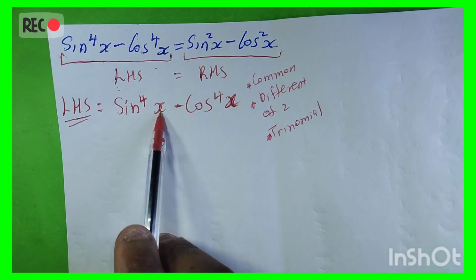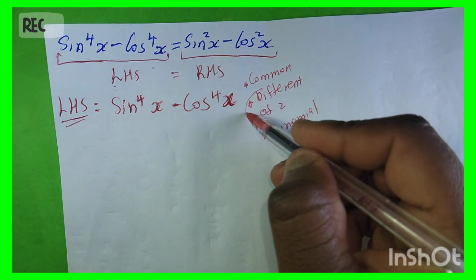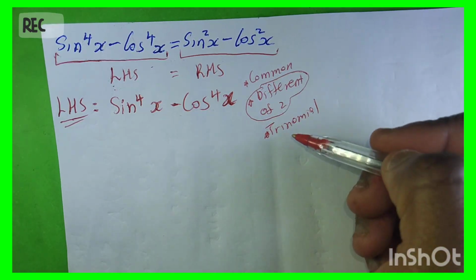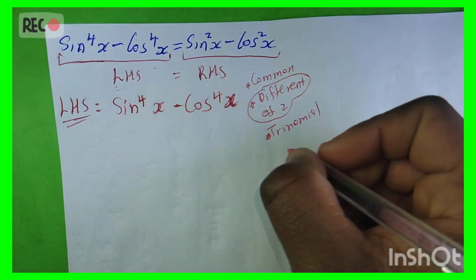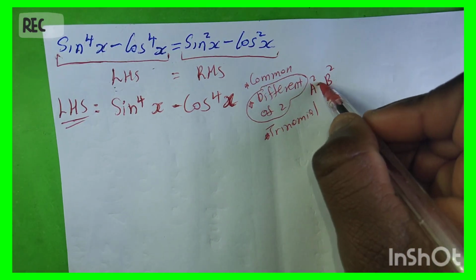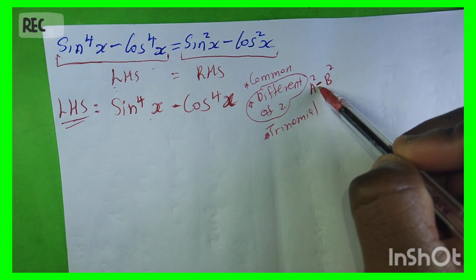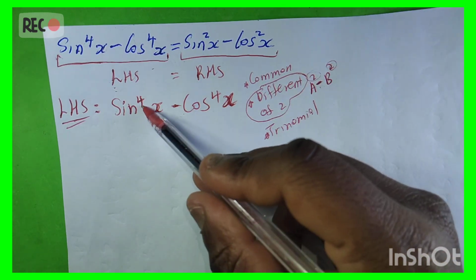And here we don't have a common factor, so I can't take a common factor. But difference of two squares, I can apply, because this thing is in the form of two terms which are separated by a negative, and then we can halve the exponent.